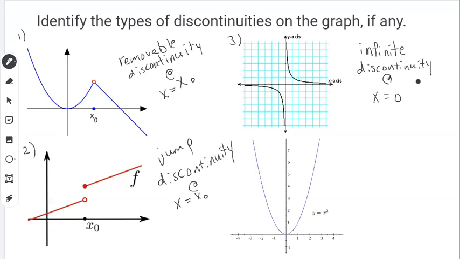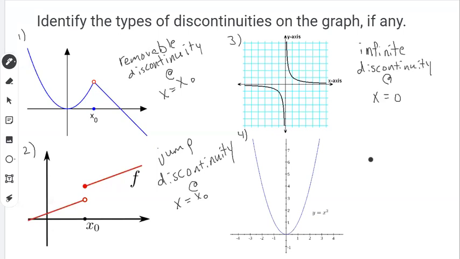Okay. How about the last one down here, number 4? What type of discontinuity does this graph have? If you think you know it, go ahead and put it in the chat box. Is it a removable discontinuity? Is it a jump discontinuity? Or is it infinite, like the last one? What do you guys think?